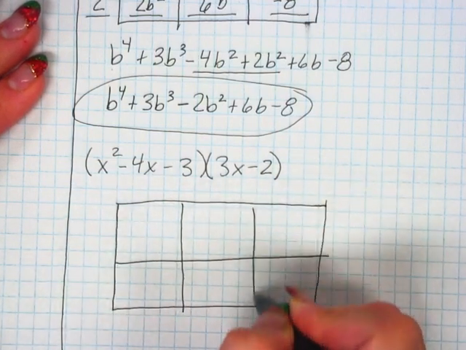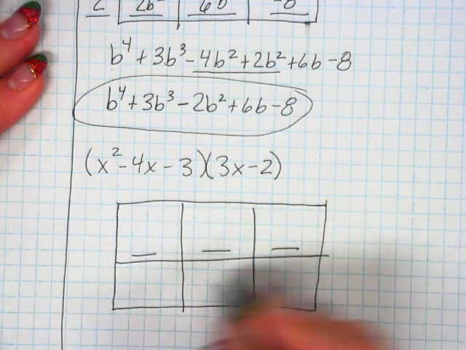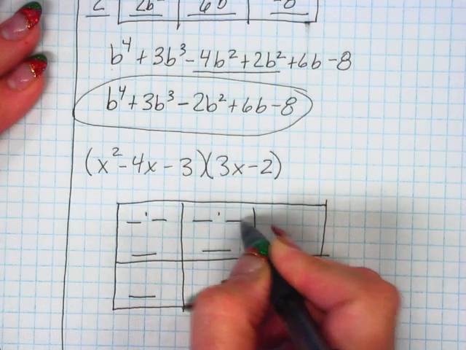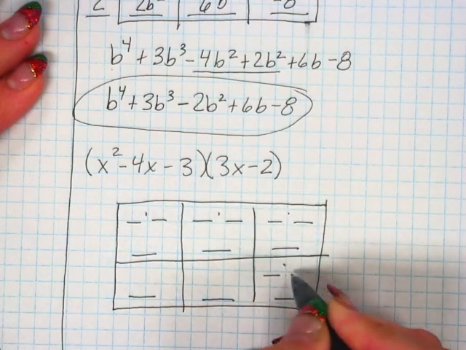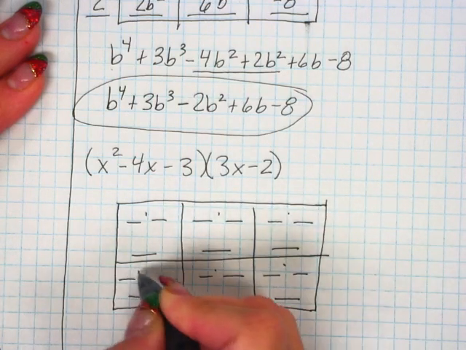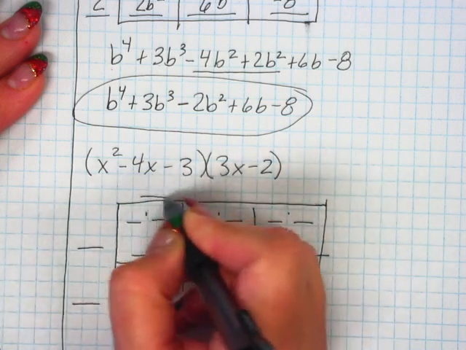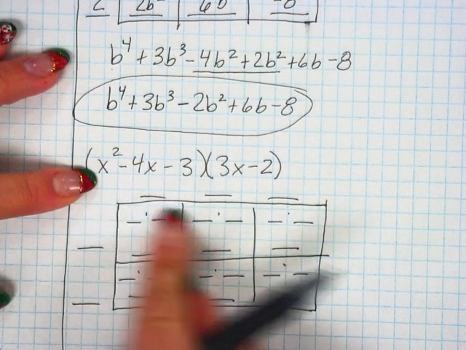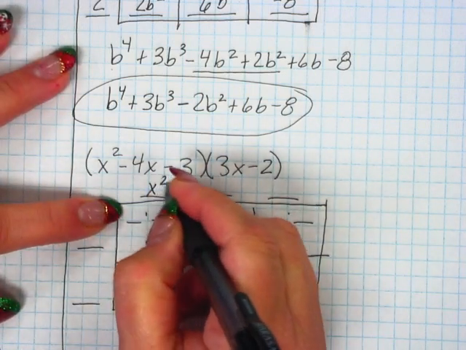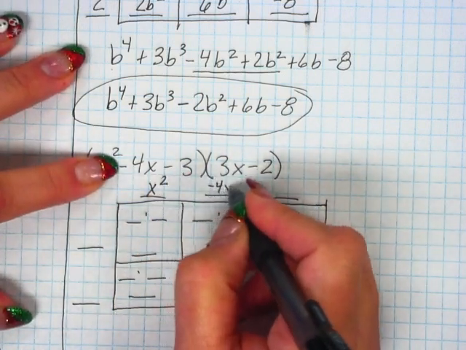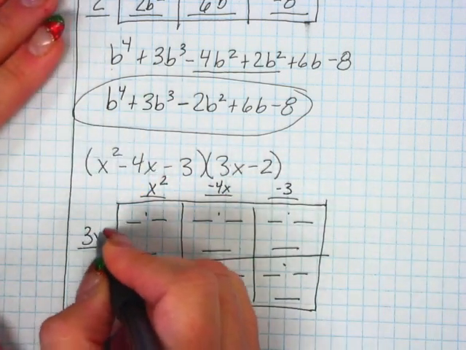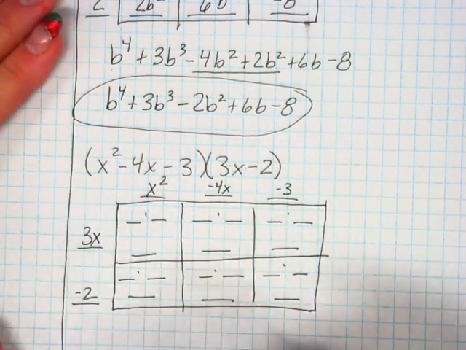Fill out my skeleton. All right, since this is the 3 terms, I'm going to put it across the top. X squared minus 4x minus 3. And this is the 2 terms, 3x minus 2.